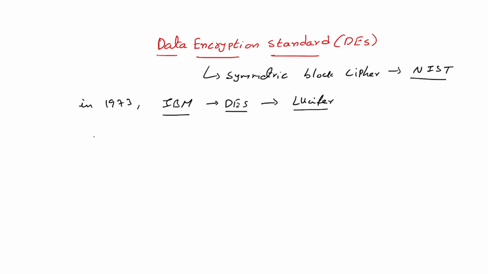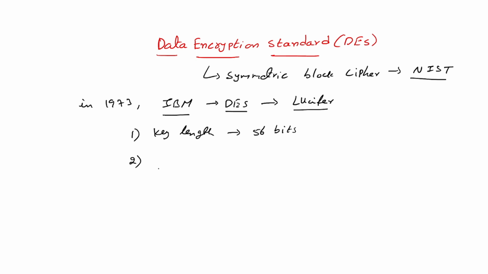After that, some criticism was made of DES. Mainly there are two reasons. The first one is key length. The key length of DES is very small, only 56 bits, so it is vulnerable to brute force attack.